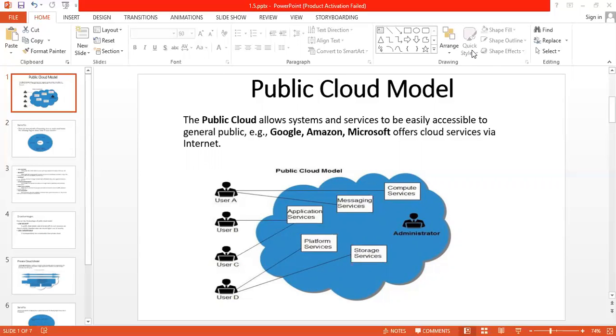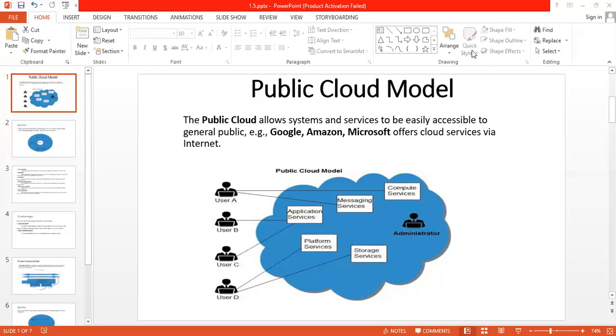So this is when we can say that we are using the public cloud model, and these are easily accessible. One diagram is given here. There are four users in this diagram and multiple services: application services, platform services, storage services, messaging services, or compute services.